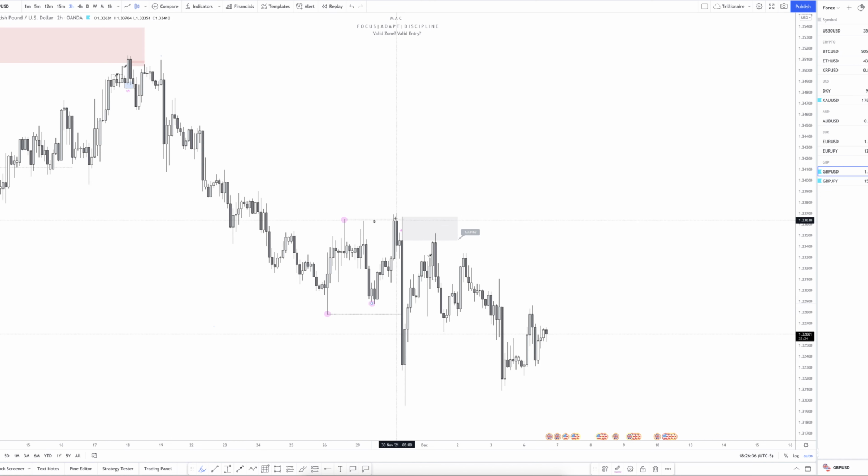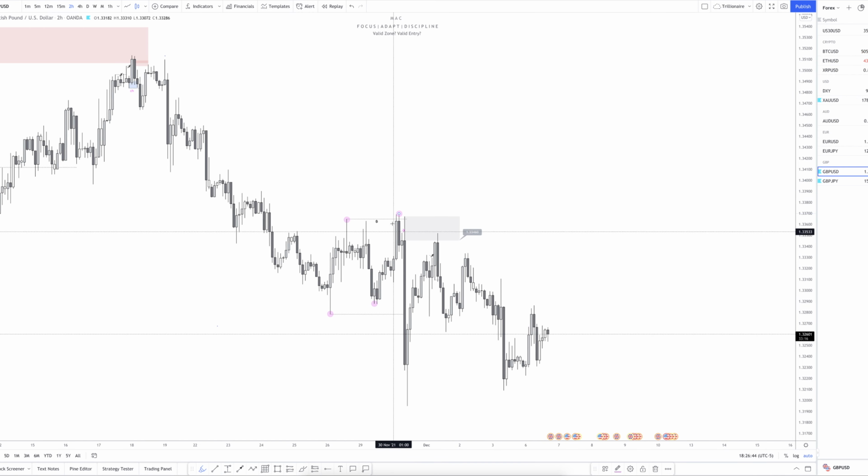Then we have this high that comes up here. On the lower time frame, we do have some type of candlestick body closure above this area. On the 2-hour time frame, however, we just have wicks that trade above this area. So overall, we're creating relatively equal highs and relatively equal lows within this area.